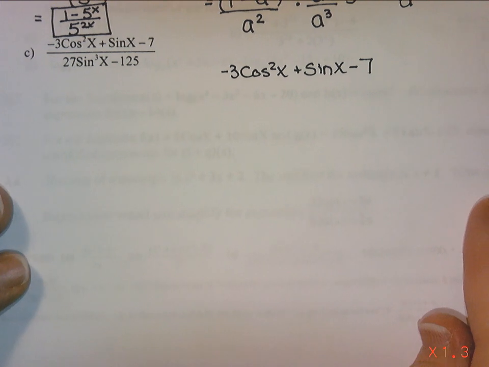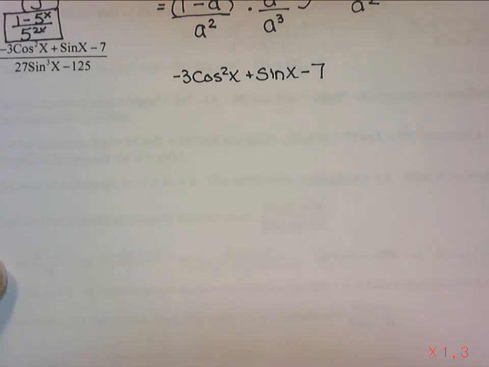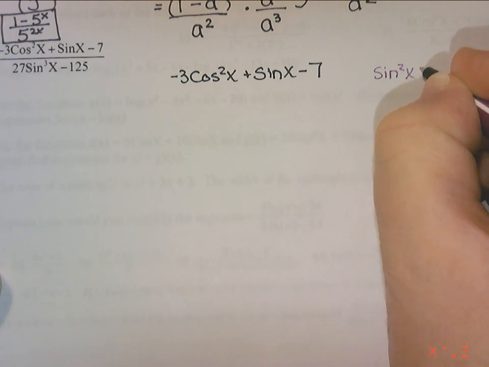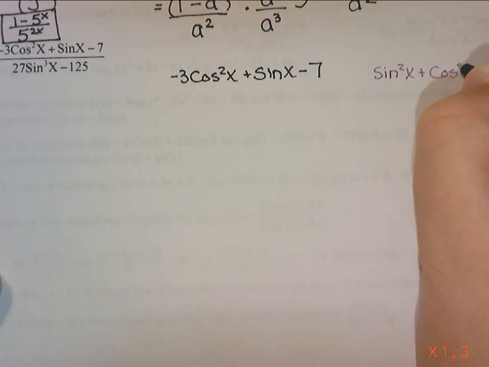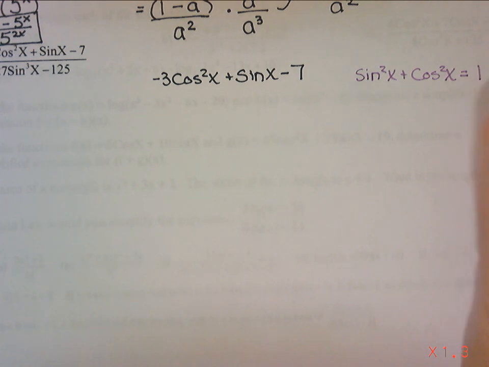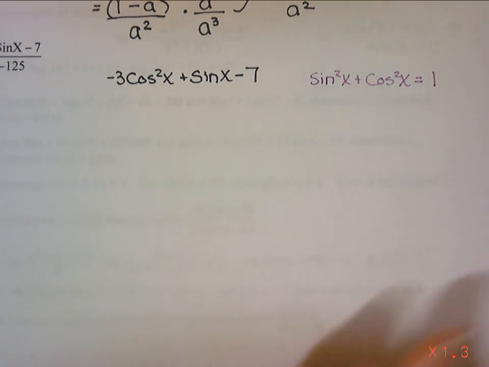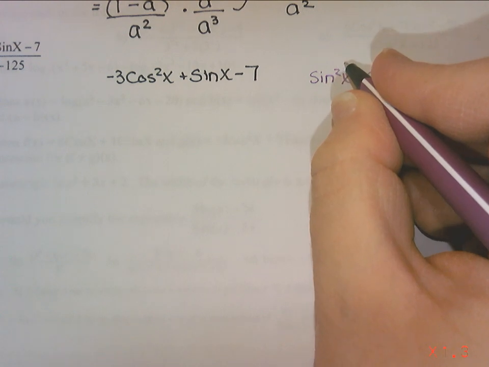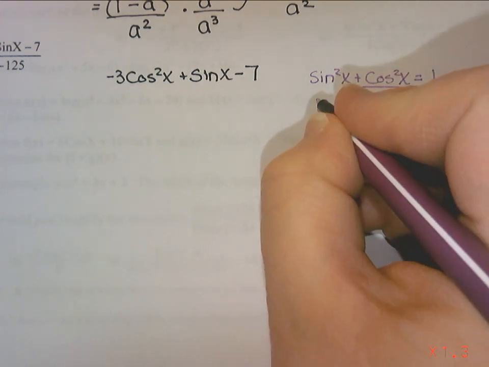So off to the side here, I'm just going to write sine squared x plus cos squared x equals 1. Now I can rearrange to get the cos squared x by itself if I subtract sine squared x from both sides.